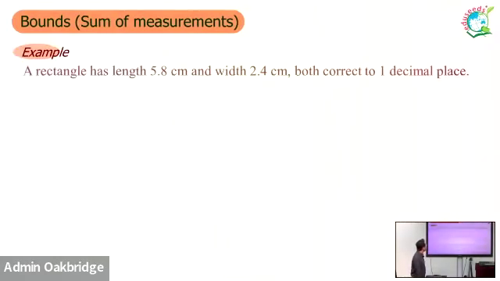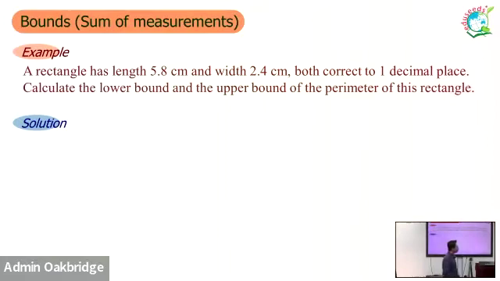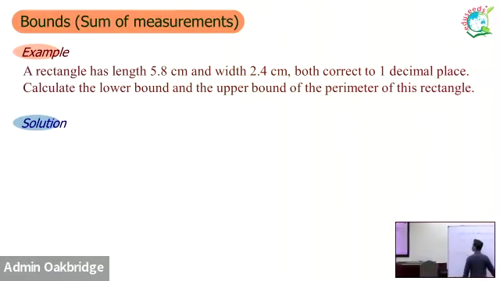All right, let's see this one. In this question, we have a rectangle with a length of 5.8 cm and a width of 2.4 cm, both correct to 1 decimal place. Calculate the lower bound and upper bound of the perimeter of the rectangle. This question involves 2 measurements.